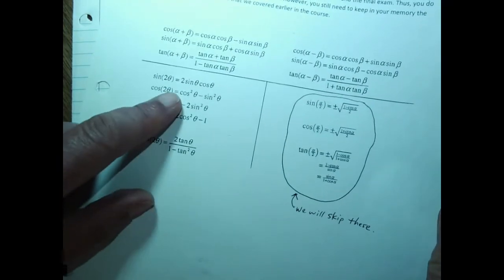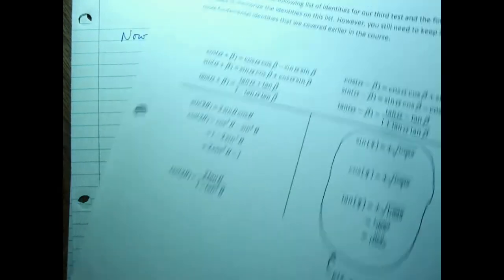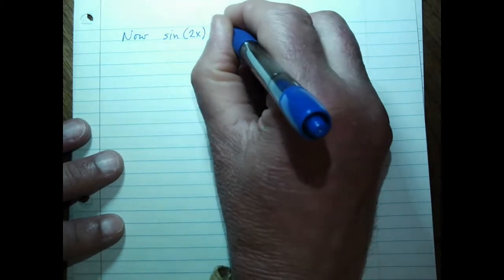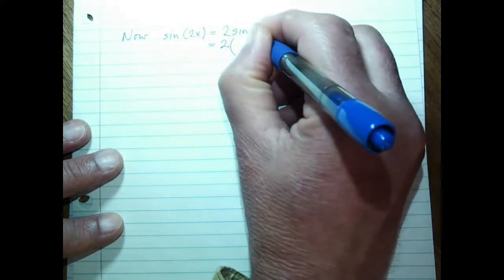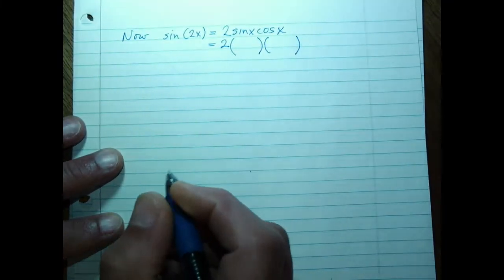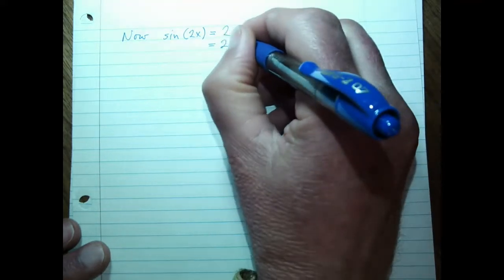Sine of 2x, I'm going to use the double angle identity for sine. Sine of 2 times an angle is 2 times sine of the angle times cosine of the angle. So I'm going to take 2 times my value of sine and times my value of cosine, which I can copy down from either method 1 or method 2. I'm going to use the values that we found.